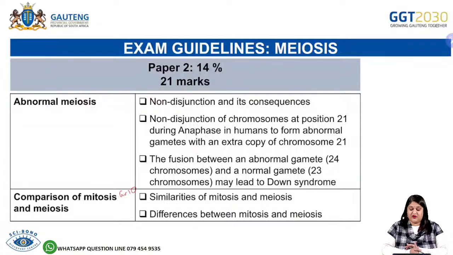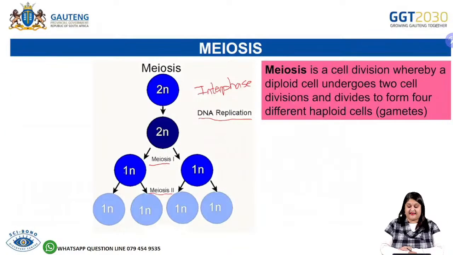Then the third bullet there, the fusion between abnormal gamete 24 chromosomes and a normal gamete 23 chromosomes, which may lead to Down syndrome. Okay, and then the last 2 is similarities of mitosis and meiosis and the differences between mitosis and meiosis. Okay, so we're going to do it in more detail now, but this is just to show you what it is that you need to know based on the examination guideline.